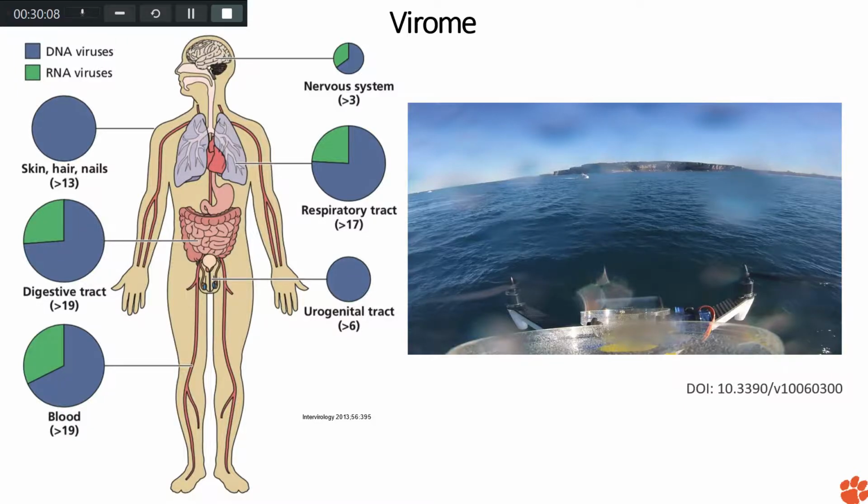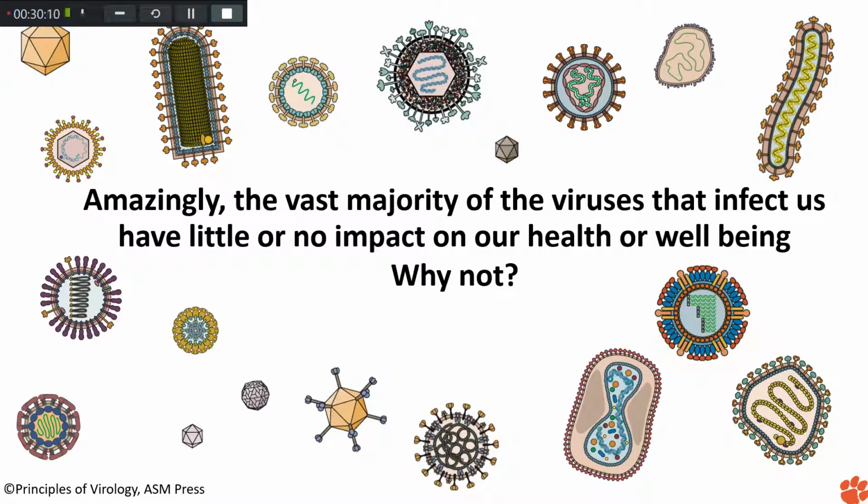All right, so this is the fact that I was saying: when we are just sampling, the vast majority of the viruses, in fact, have little or literally no impact on our health and well-being. And why not? We are going to elaborate on that.